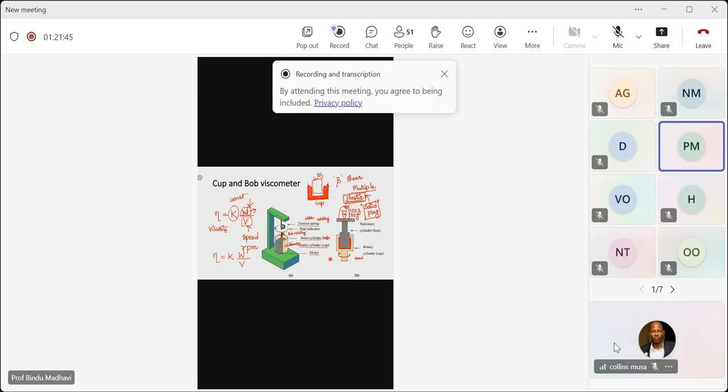Apart from the plastic systems, even when you consider the shear thinning systems or shear thickening systems, you have a difference in the amount of shear received by the layers. The layer which is near to the bob receives more shear. The layer which is away from the bob receives less shear. Because of these shear differences, sometimes we may end up with errors in the values of the viscosity that we are measuring.